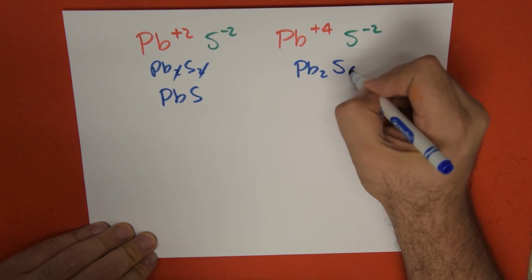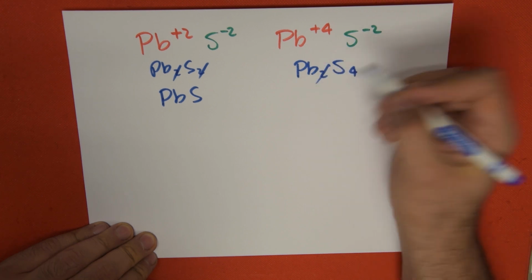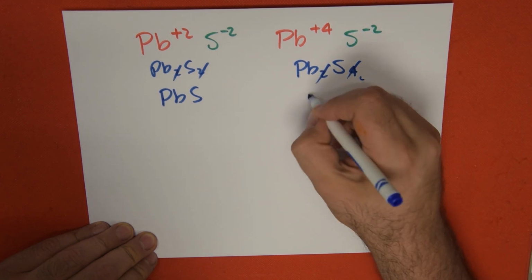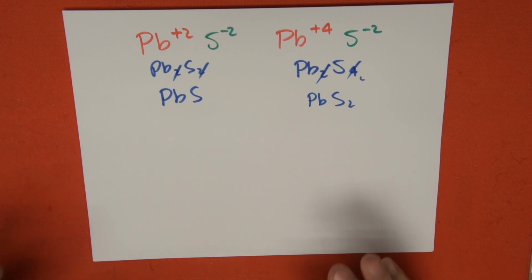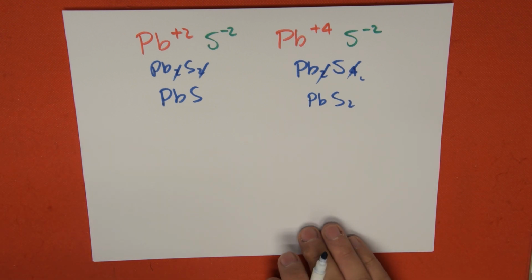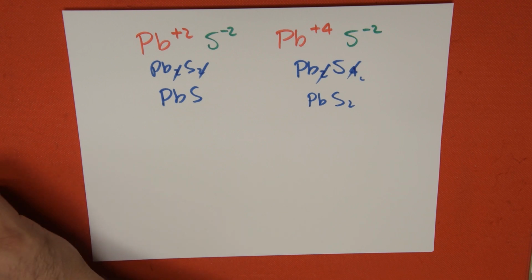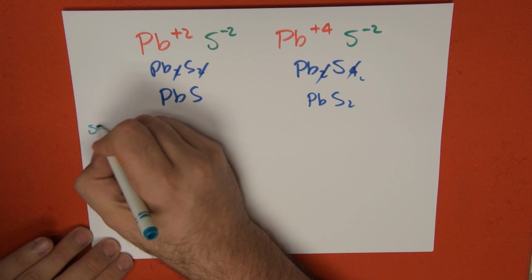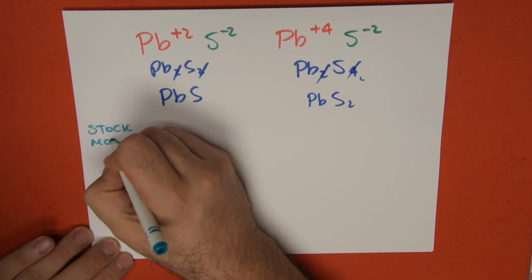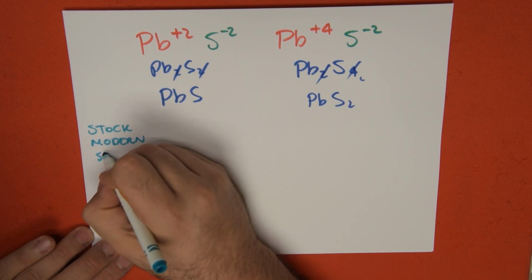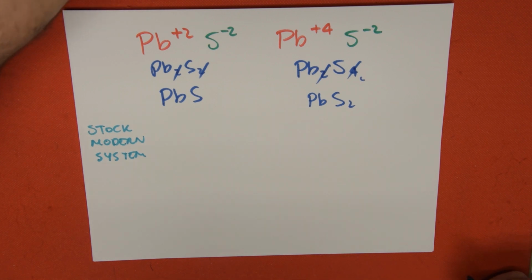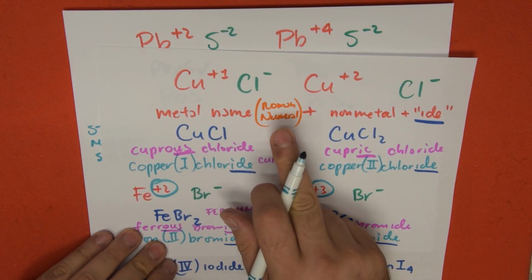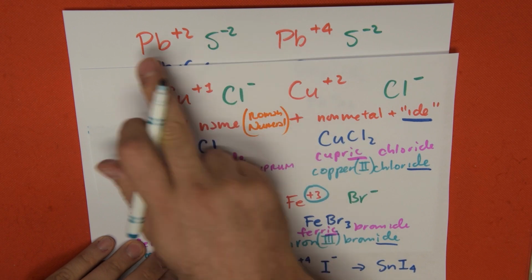Pb2S4. This can be reduced further. We lose the 2. This becomes 2. So PbS2. These are two different types of compounds, even though they come from the same metal. So if we use, again, stock or modern system, the formula, as I said before, is metal name plus the Roman numeral, because this metal has multiple valence, nonmetal ending in "ide."